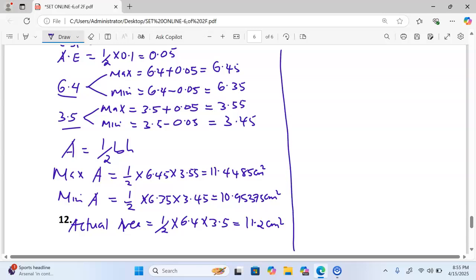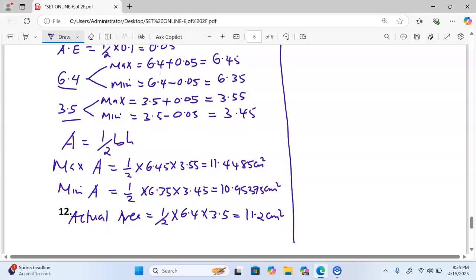After that we know that to get the absolute error in area, we are simply going to get the average of the maximum area, which is 11.44875, minus the minimum, which is 10.95375.